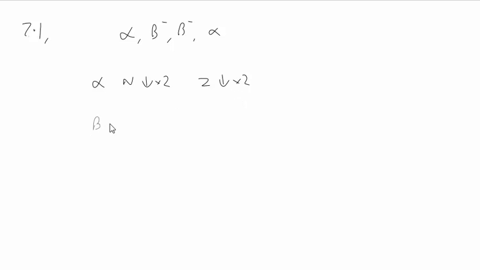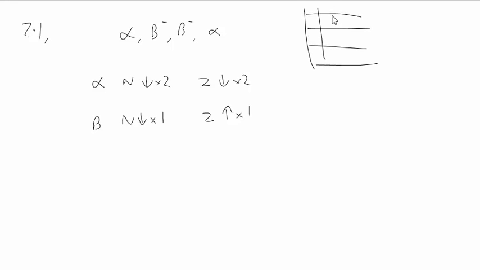For beta minus, the neutron number goes down by 1, and the proton number goes up by 1. So therefore, if we're doing an alpha decay, if we've got our graph like this with our little boxes, alpha will take N down by 2, 1, 2, and Z down by 2, 1, 2.